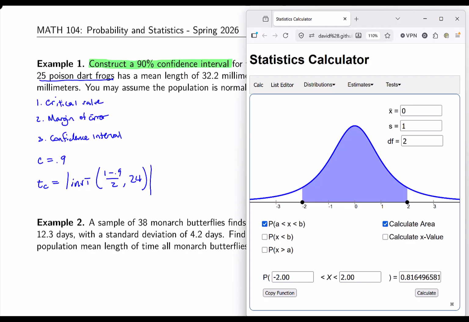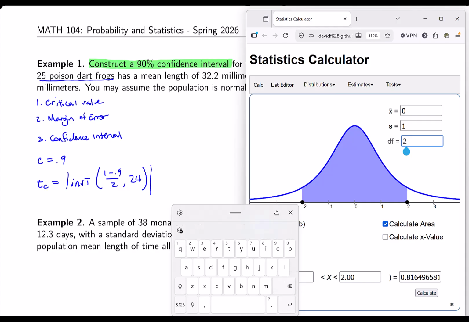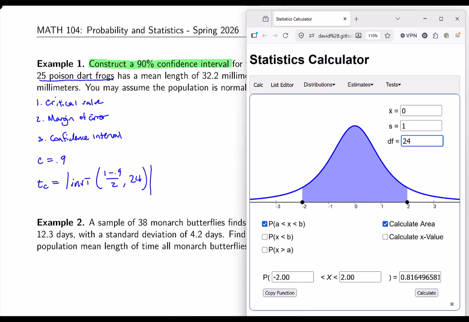But ultimately, it works in the same way. You can provide x bar, the mean of your sample, and your standard deviation of your sample if you like, or you can just use a standard t-distribution and leave that as 0 and 1. But make sure the degrees of freedom are set properly. So I'm going to change that to 24.